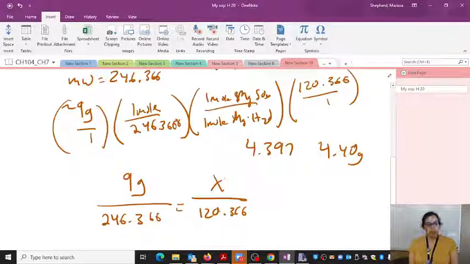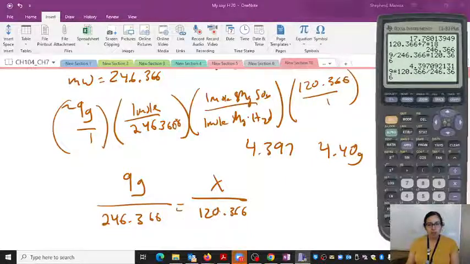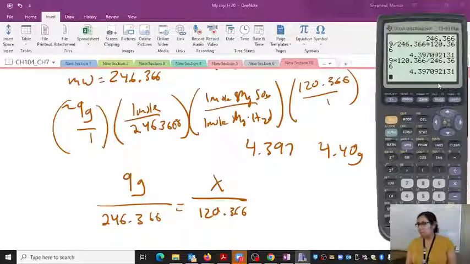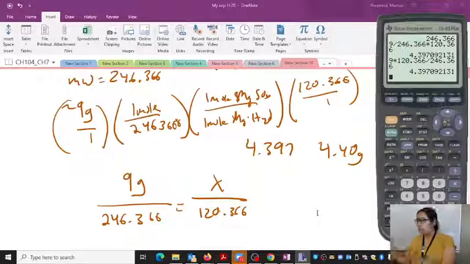So I just have to solve for x. That would also give you the same thing: 9 times 120.366 divided by the molecular weight of your hydrated component. That gives you the same answer. Either way, I just wanted to show people the proportion so that if it starts clicking, you can start moving a little faster and feel more comfortable. Otherwise, just stick to the good old dimensional analysis, step by step.